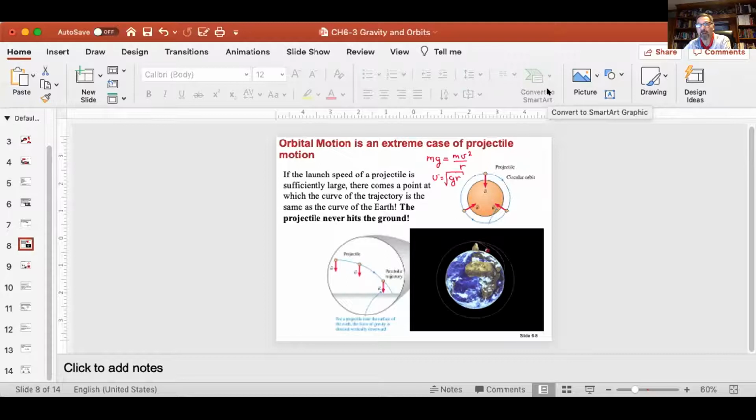The moon is constantly falling towards the Earth. That's the nature of an orbit. The good news is it doesn't fall fast enough. It falls at a rate such that the Earth's surface curves away and it just continues to fall as it moves around. And that's why people in the International Space Station are weightless. Relative to the space station, which is falling, somebody inside the space station falls at the exact same rate.